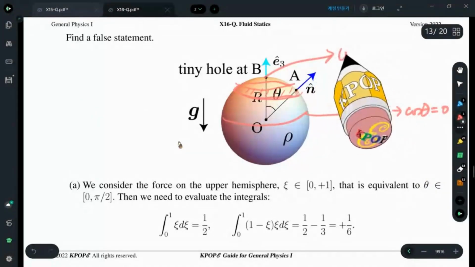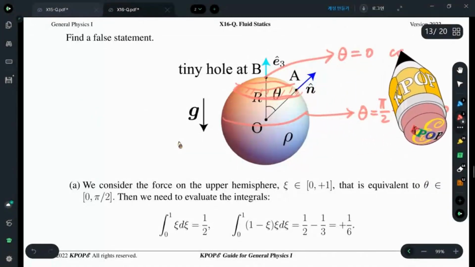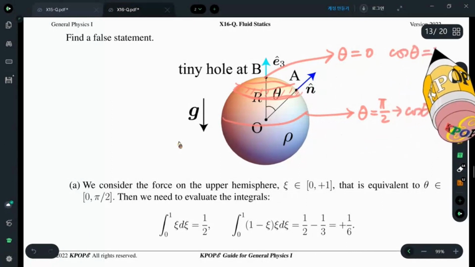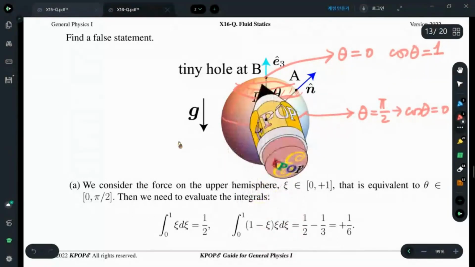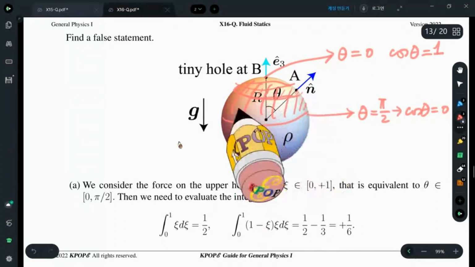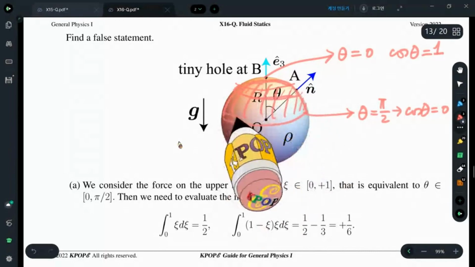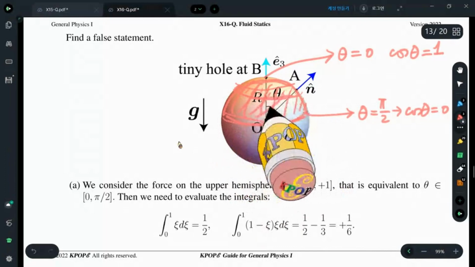At this point theta equals 0, cosine theta is 1. So, the upper hemisphere here.